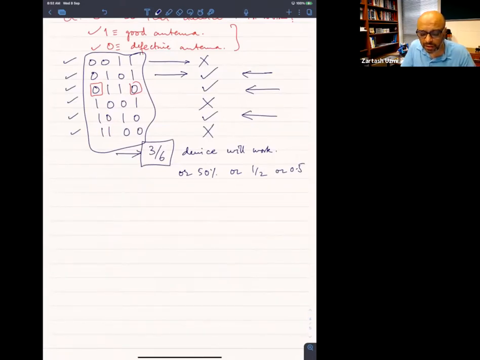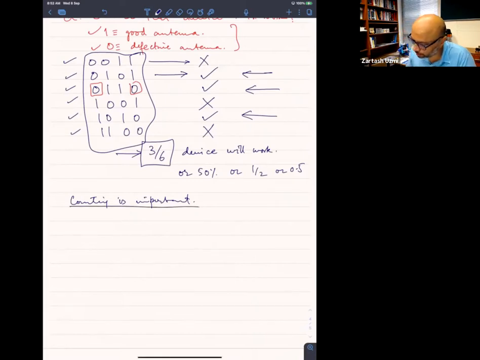I'm just going to do a very quick review with 1 or 2 examples. We will share some notes with you that have more examples, so if you need to revise in more detail you can go over those notes. In class we will do only one or two examples. So counting is important so that I can answer this question: if we have 75 antennas of which 13 are defective and I place them randomly, and if 2 defective antennas come adjacent to each other the device will stop working, what is the probability that the device will work? I cannot answer that until I have an effective counting mechanism.